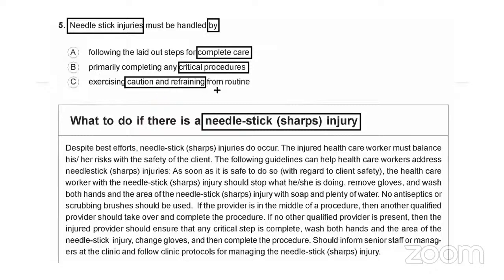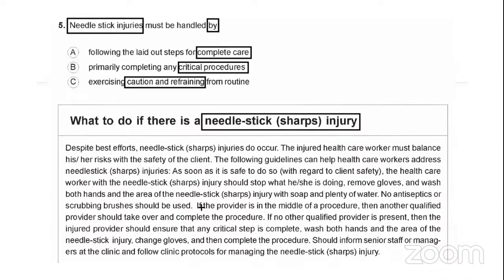Now let us see these things very carefully. Needle stick injuries, handling needle stick injuries. How to manage? How to handle means how to organize, how to manage.